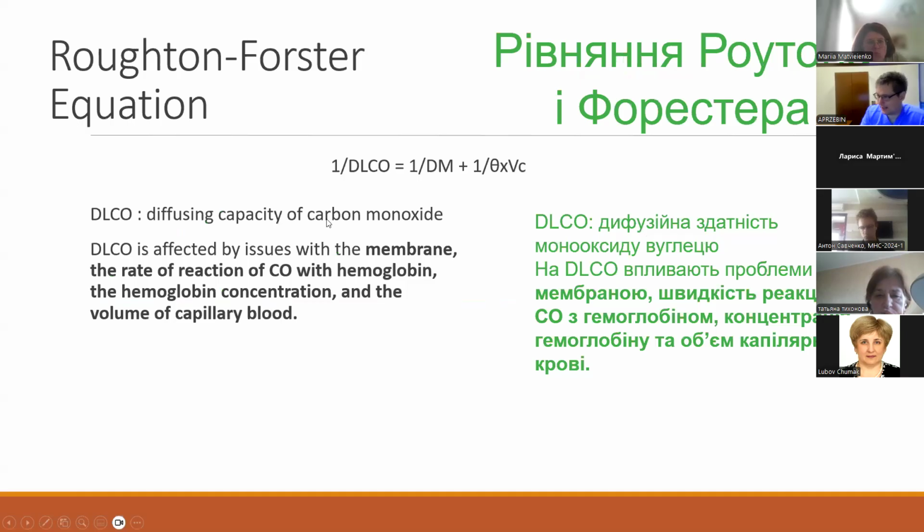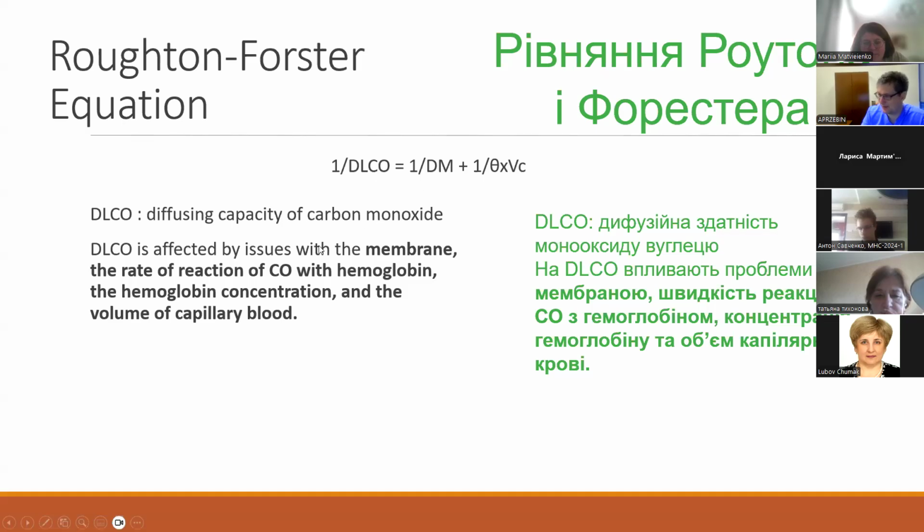So restating it, DLCO is a capacitance, 1 over DLCO is a resistance. It is equal to 1 over the diffusion of the membrane plus 1 over theta times the volume of capillary blood. And if the math doesn't make sense, that's fine.